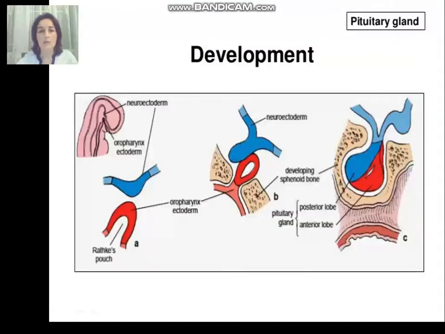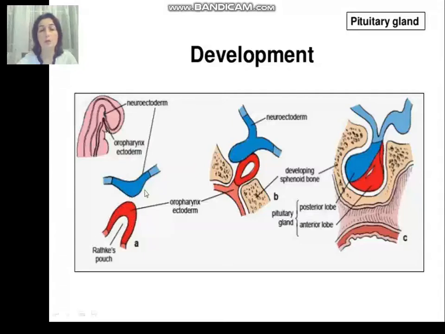The development of the hypophysis or pituitary gland has two sources. First of all, from the roof of the oral cavity in the embryo, in embryonic life, we have an outpocketing, that is Rathke's pouch, a diverticulum from the roof of the oral cavity.